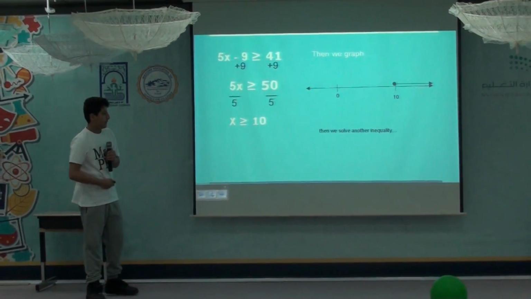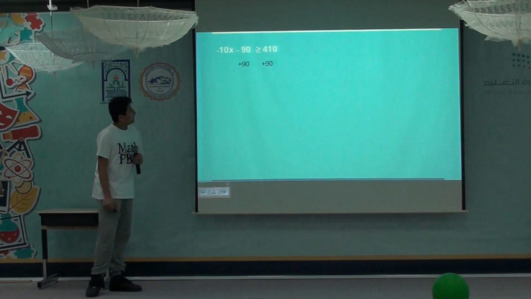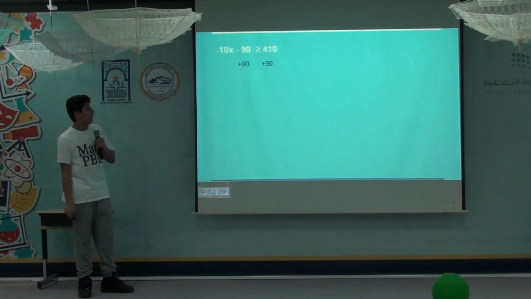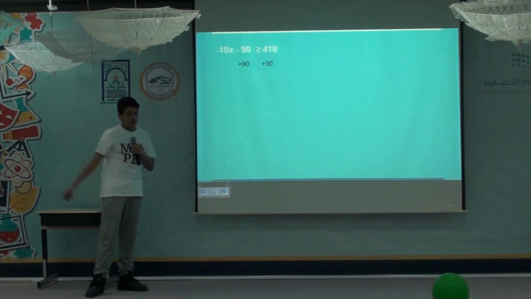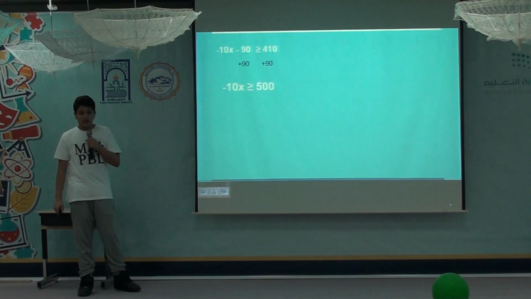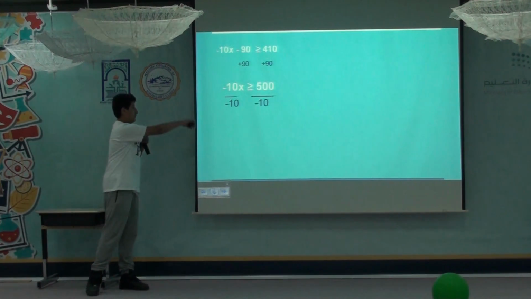Then we solve another inequality. Minus 10x plus 90 is greater than or equal to 410. We subtract 90 from both sides. It gives minus 10x greater than or equal to 500. We divide both sides by minus 10.